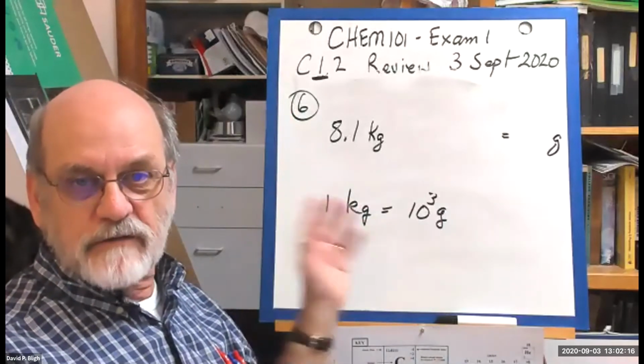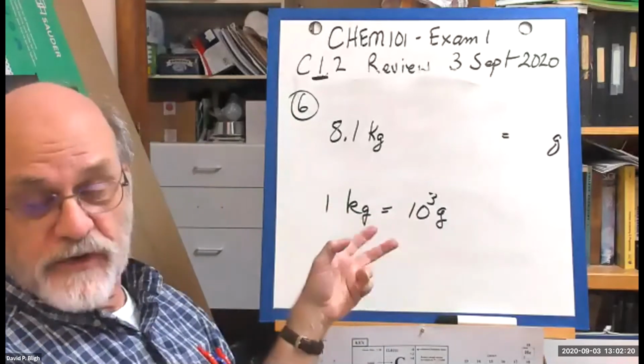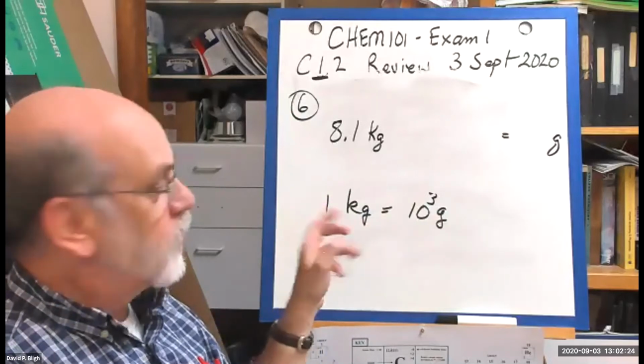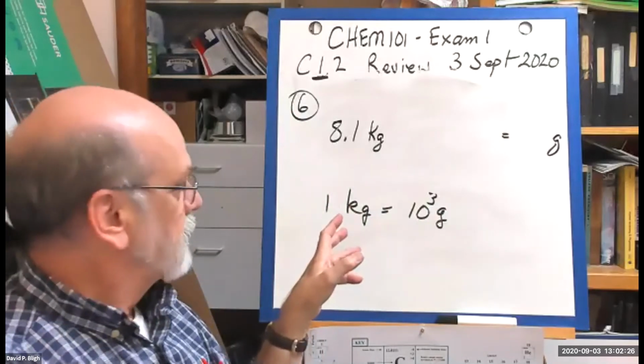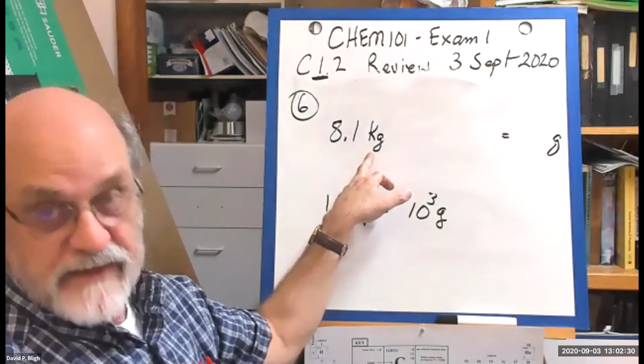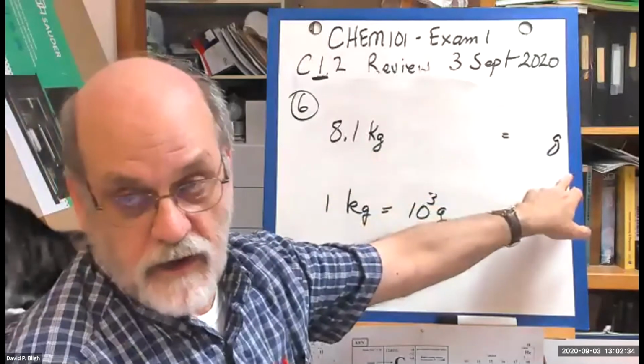So how do you get a conversion factor out of that? Well, you divide both sides of the equation by one or the other, depending on which one you need in the denominator. We need a kilogram in the denominator, right? That's how you cancel the kilograms, because you don't want to end up with kilograms over here.